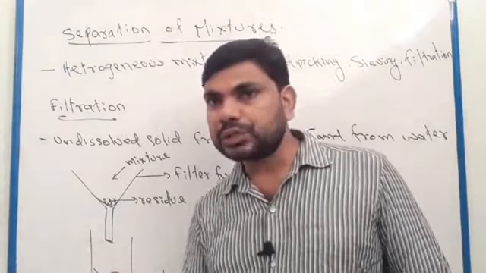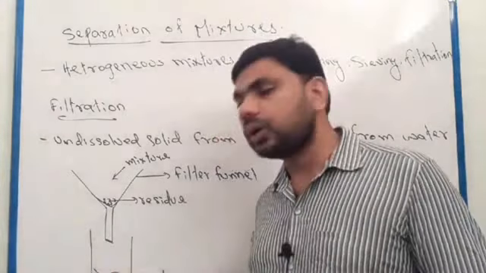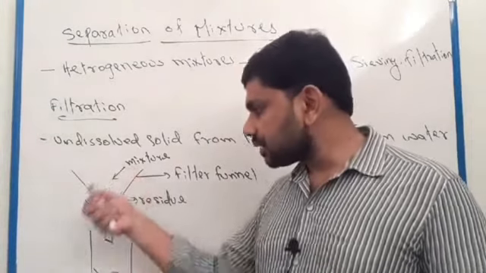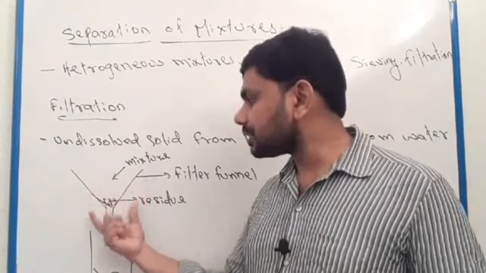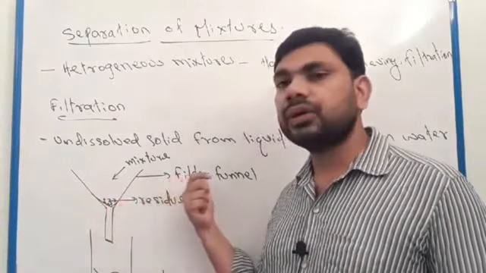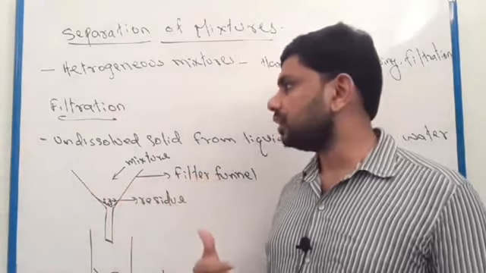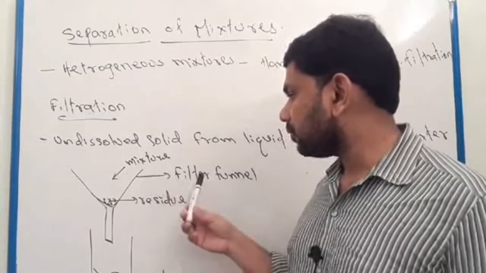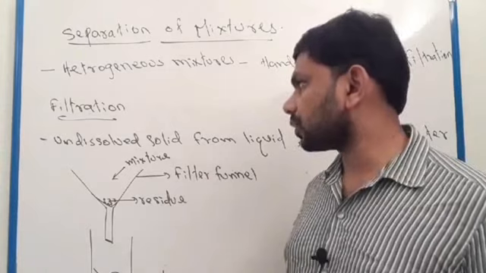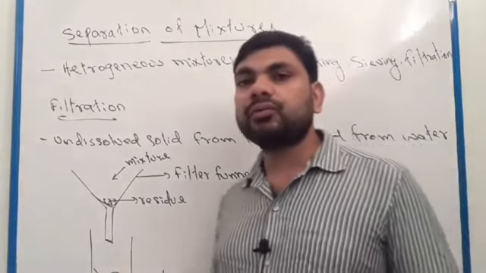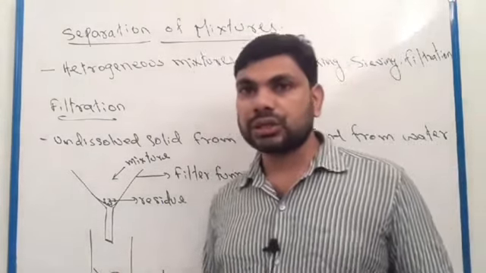Water, the liquid which came down, is called filtrate. This method is called filtration. The special apparatus used for filtration is the filter funnel. So remember: filter funnel, residue and filtrate. This is one example for heterogeneous mixture.